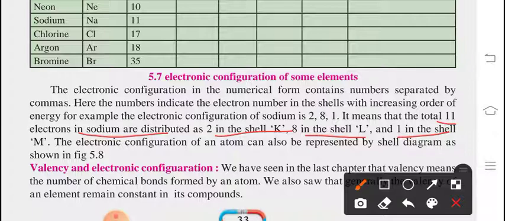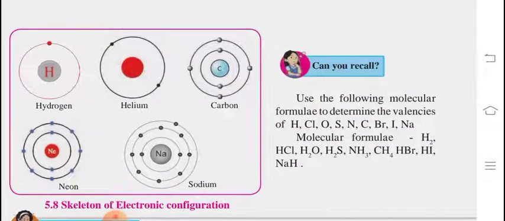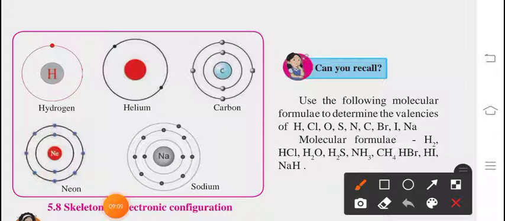Let me show you. This is the shell diagram. See, for hydrogen this is the nucleus, and in the first orbit only one electron is there because hydrogen's electron number is 1.